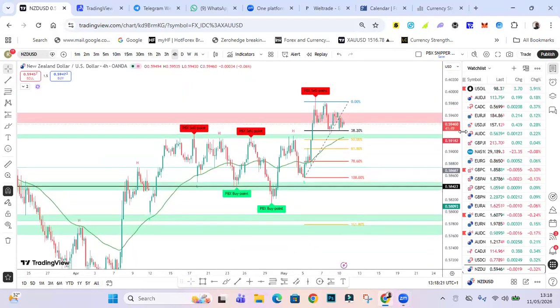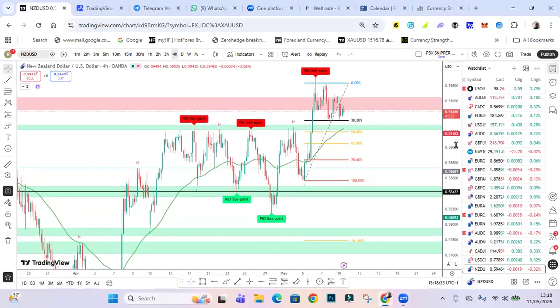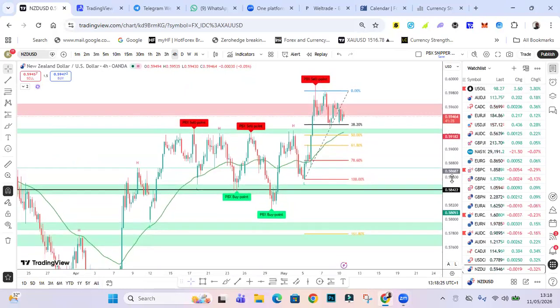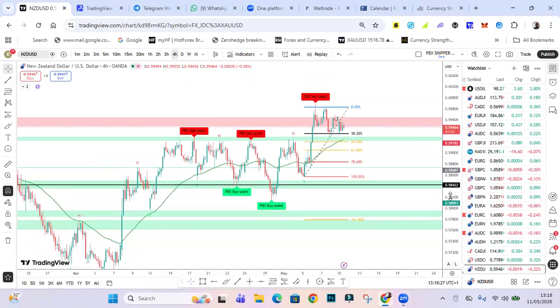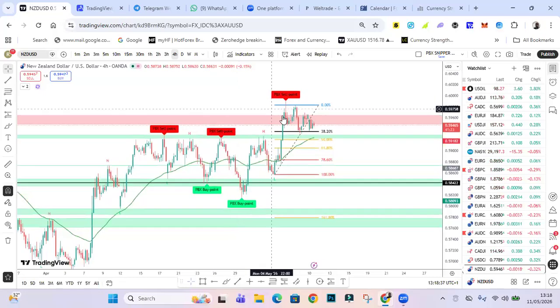First we want to check the structure. We are in an uptrend. We've been printing higher highs and higher lows. Right now we met a resistance and kind of broke above it, came back into it.